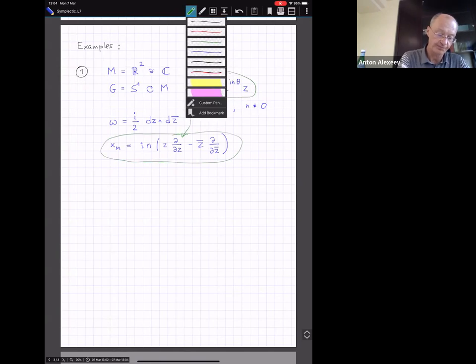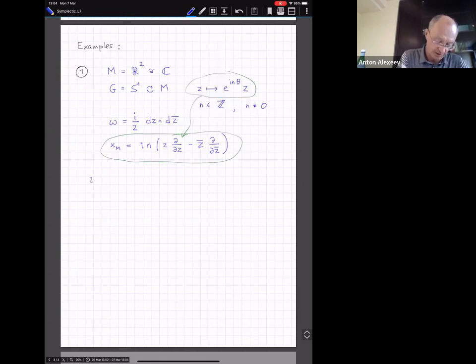So now a simple calculation gives that if I do a substitution, I will get i over 2 times i n, and here z dz bar plus z bar dz, and in total this is minus n over 2 d of absolute value of z squared.